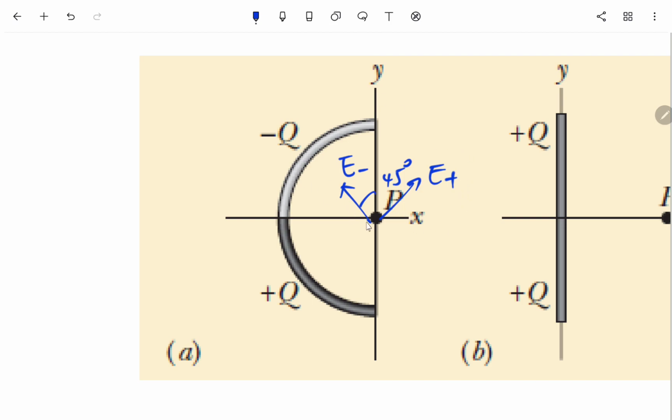So finally we can see that the x-axis component cancels and the y-axis component adds. So the E field at point P will point to the positive y-axis, or pointing upward.